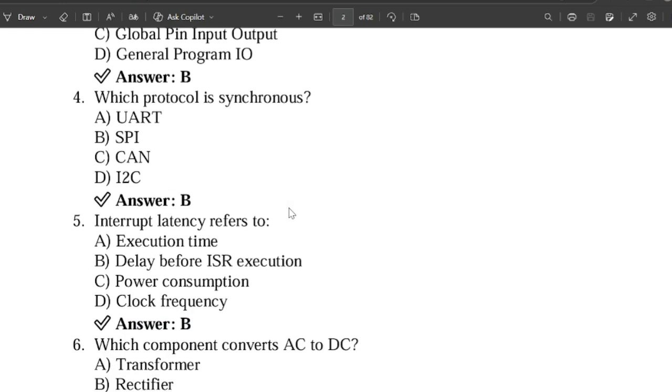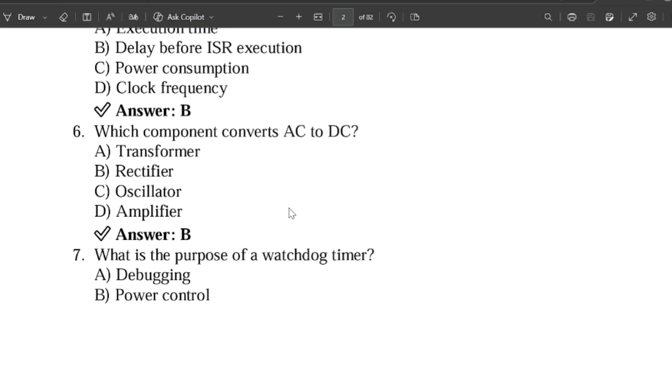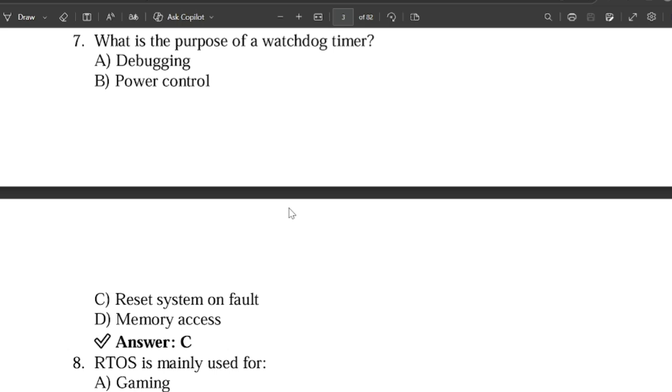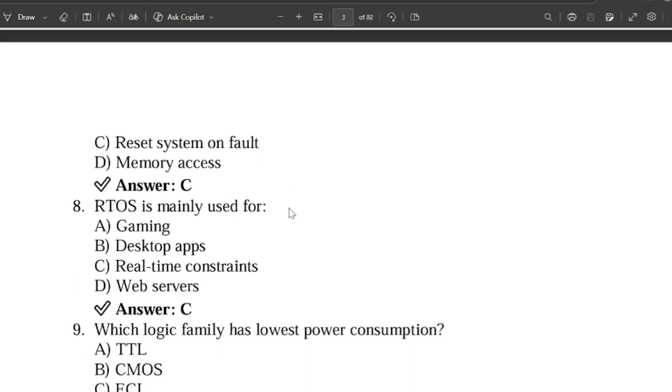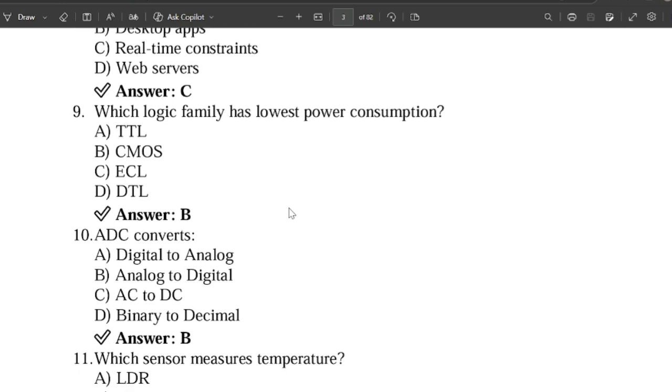Which protocol is synchronous? SPI. Interrupt latency refers to delay before ISR execution. Which component converts AC to DC? Rectifier. What is the purpose of a watchdog timer? Reset system on fault. RTOS is mainly used for real-time constraints.